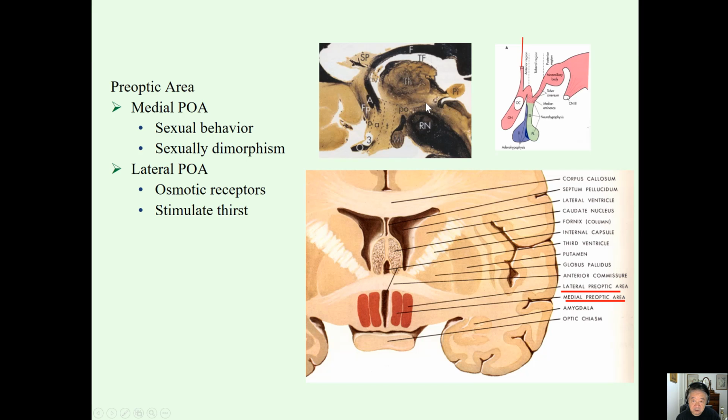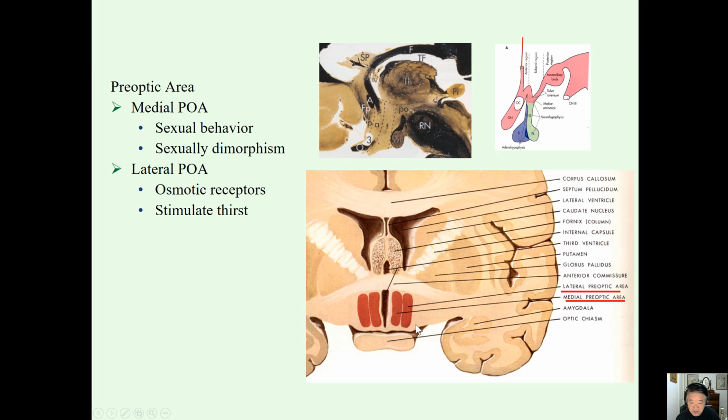Now if you turn 90 degrees, this is called a coronal section. It's cut from the front. If we cut through the preoptic region, then here you will see the hypothalamus. From this dimension, the hypothalamus always divides into two regions, a medial region and a lateral region.